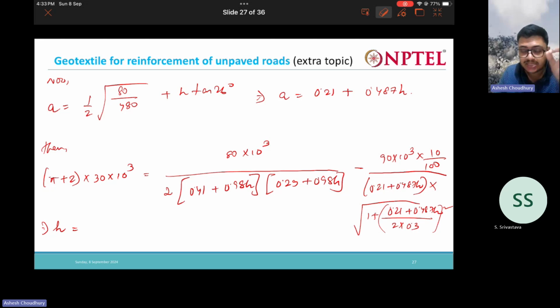So what you can do is put some values of h and see if you are getting the left hand side. If you are getting that, that will be the h value, nothing else. So make some trials and check.